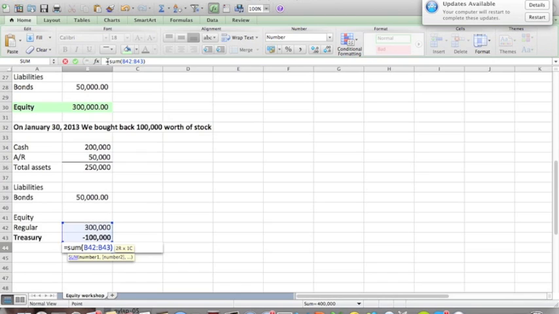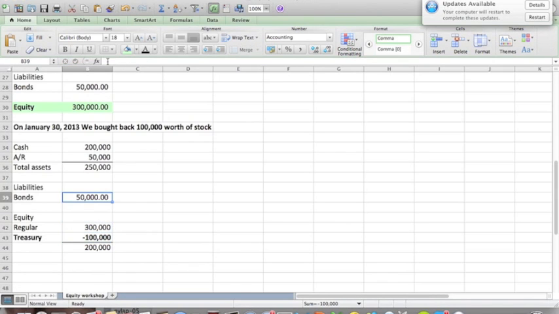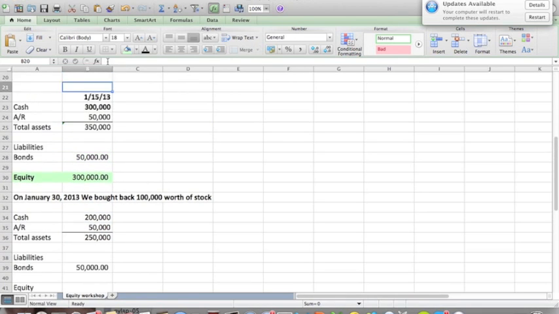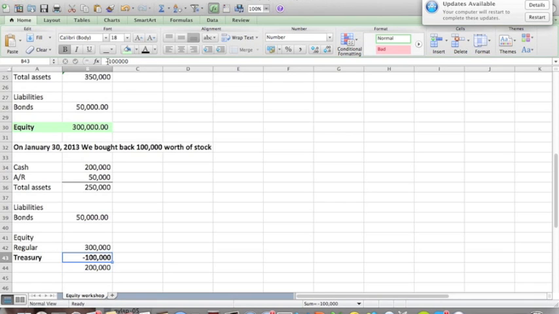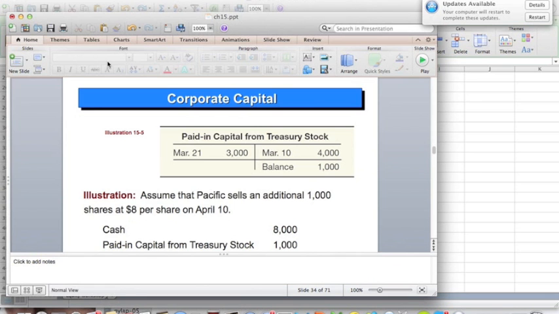What it does is it creates a negative contra equity account here, and it reduces my cash by 100,000. So I went from 300,000 in cash here and 300,000 in equity to 200,000 in cash and 200,000 in equity and minus 100 in treasury.